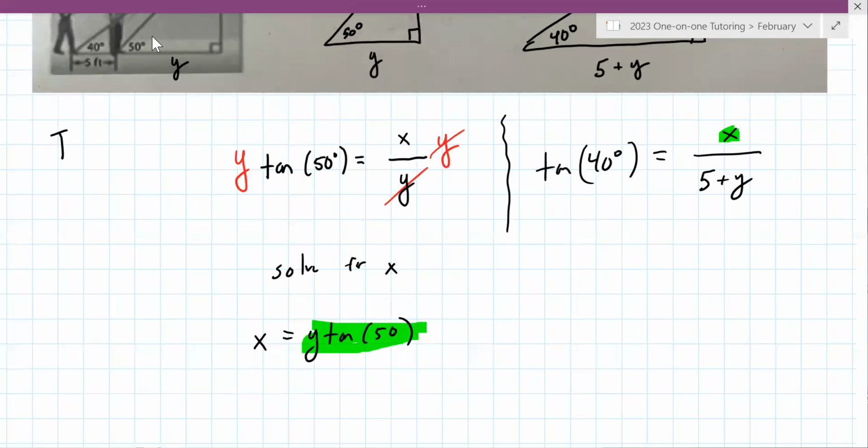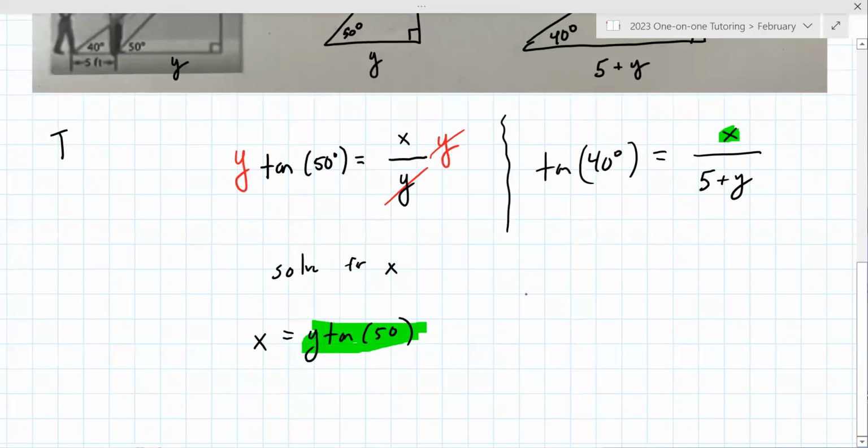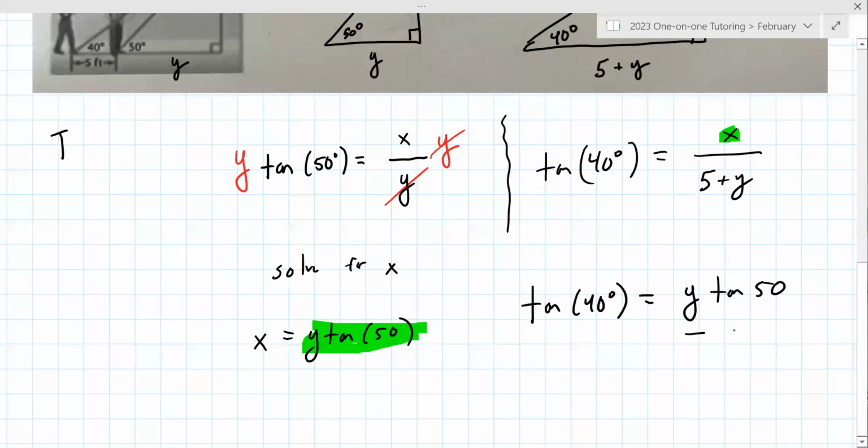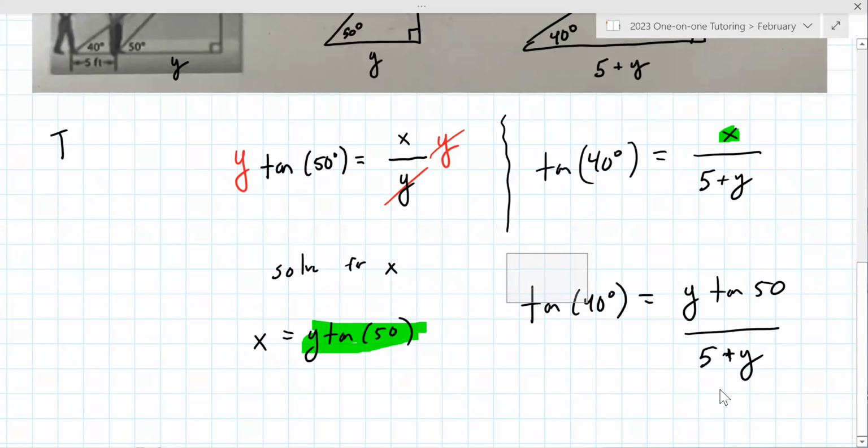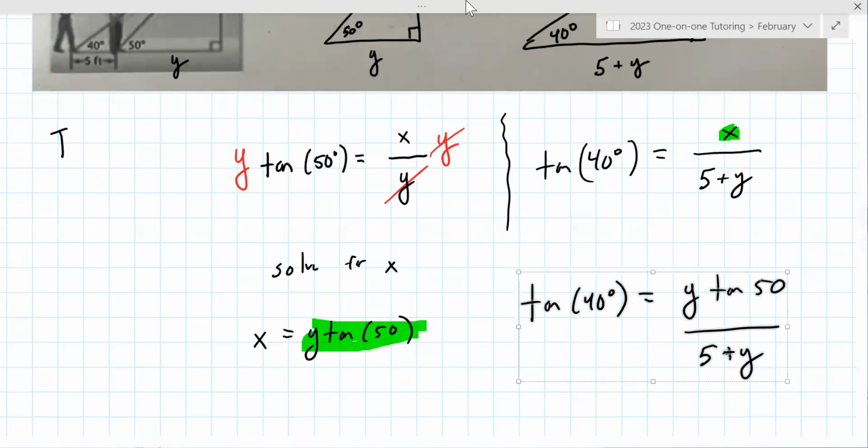That's the whole point of why we did this. Okay, so we're down to one equation with one variable: y tangent 50 over 5 plus y. Now this doesn't look great, but it is enough to be able to solve this. We have one equation and one unknown. Let me know when you get caught up to this step.